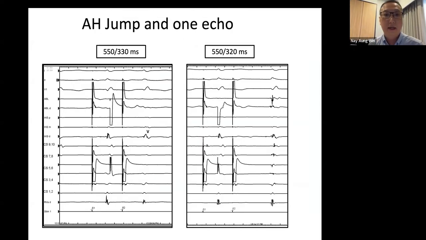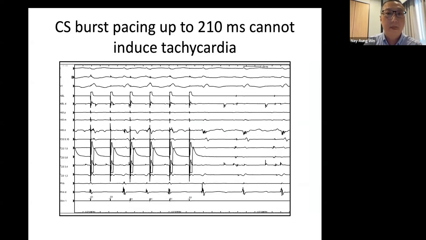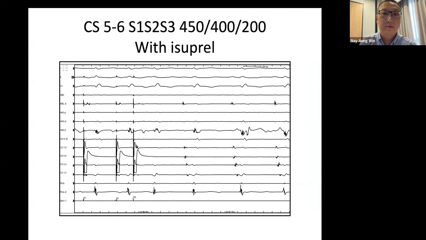There's a stay at 550-320 milliseconds with 1 echo, up to 550-270 milliseconds. So echo zone is 50 milliseconds. And tachycardia cannot be induced with or without isoproterenol from the CS burst pacing and with two extras.